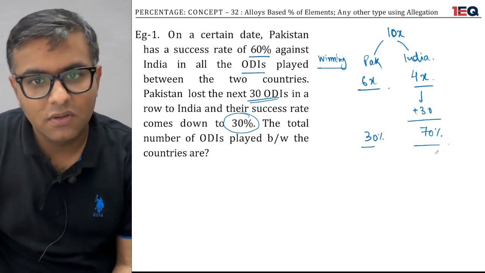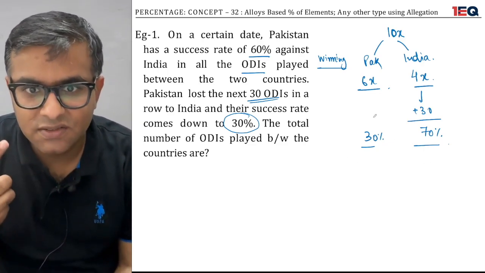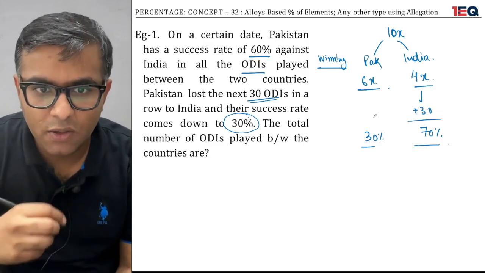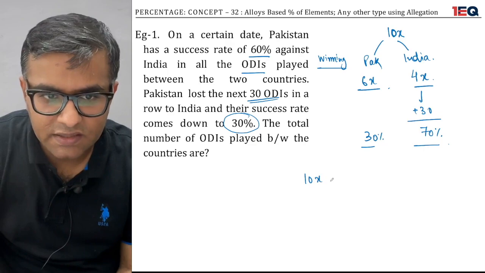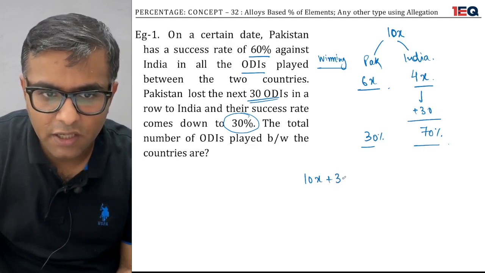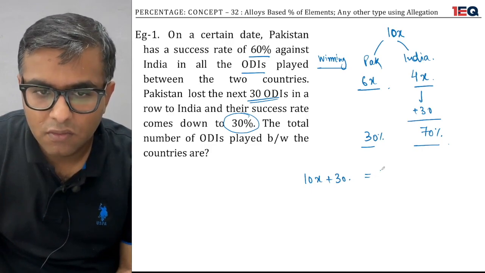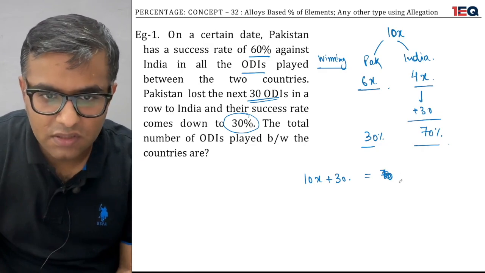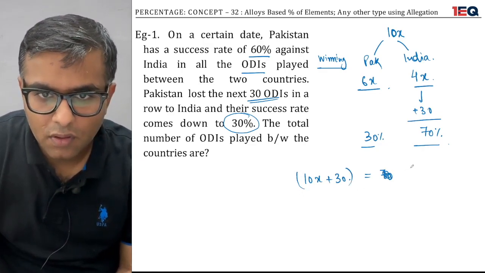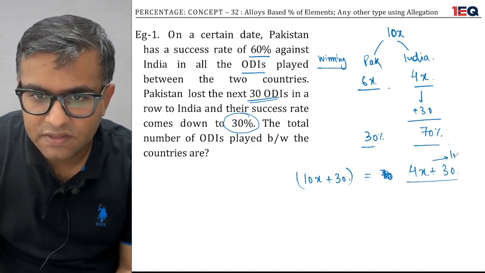So you need to find out the total number of matches which were played. I'm going to equate the successes of India into one particular form. The total number of matches played were 10x plus 30, and the number of matches in which India won was 4x plus 30. This is the India wins.